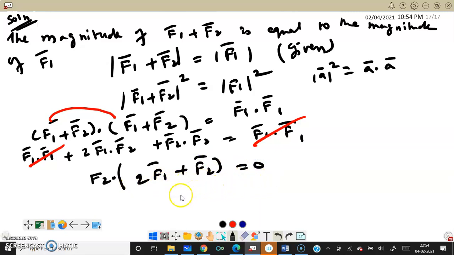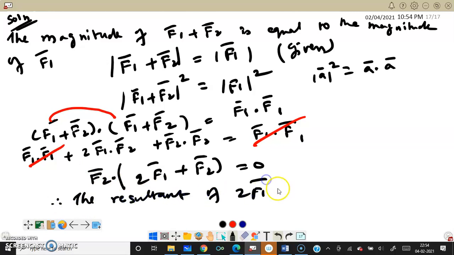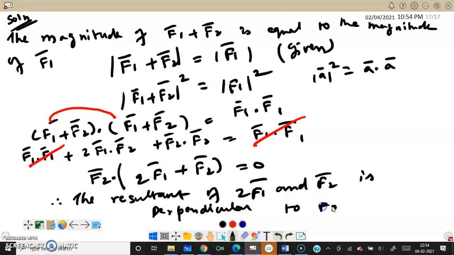So the resultant of 2F1 and F2 has a dot product of 0 with F2. Therefore, the resultant of 2F1 plus F2 is perpendicular to F2. That is what we are supposed to prove. We proved it.